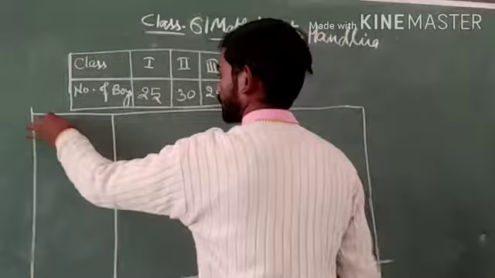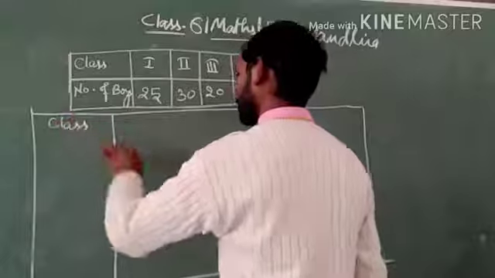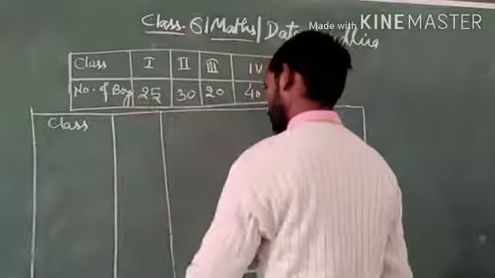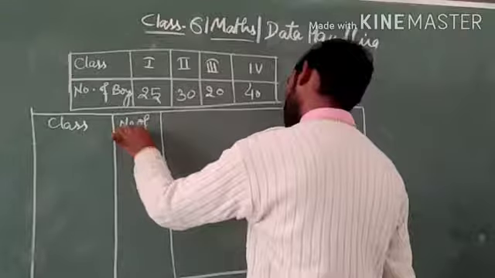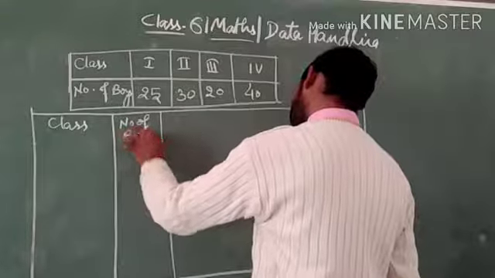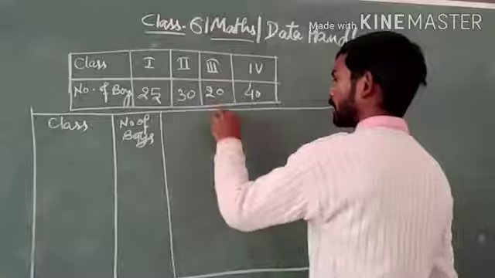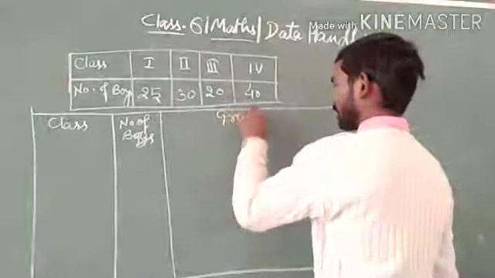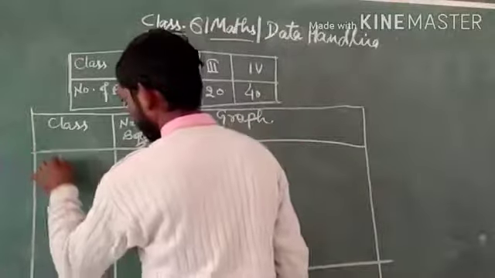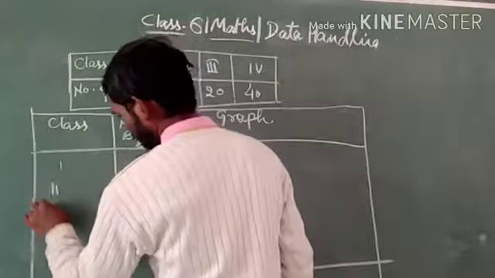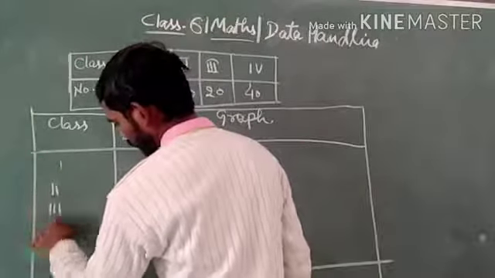So here we write class, number of boys and graph. Only this. Class first, second, third, fourth.